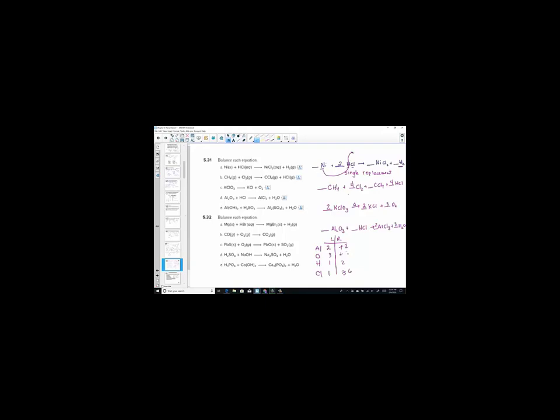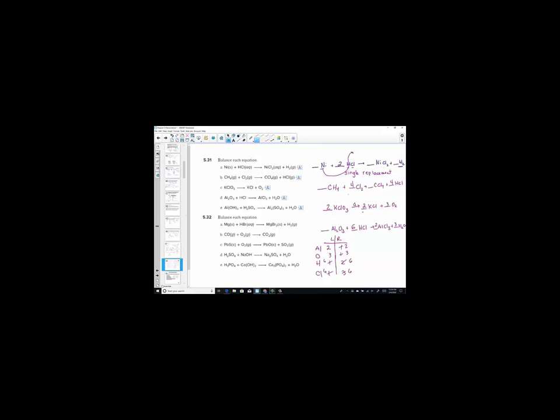There's 3 O's. Don't forget to repair your T-chart because now there's a total of 6 hydrogens as well. Oh, beautiful. How about a 6 right there? 6 H's, 6 Cl's. You got it. A 1 to 6 to 2 to 3 balances that equation.